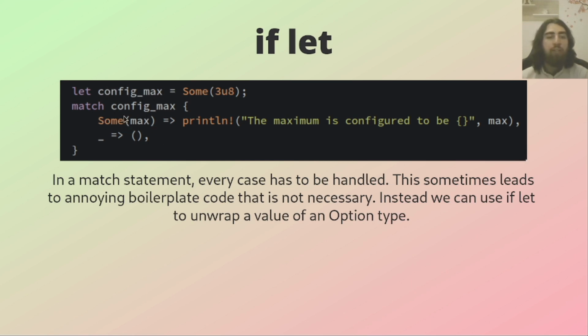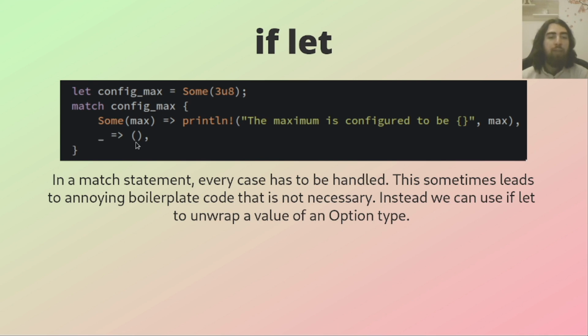As you can see, if it is Some, then we destructure the value inside this max variable, and then we just print it out. Now, as you can see, we also have to match any other case, meaning if it is not Some, in that case None, then nothing will get executed, meaning it will return a unit type.